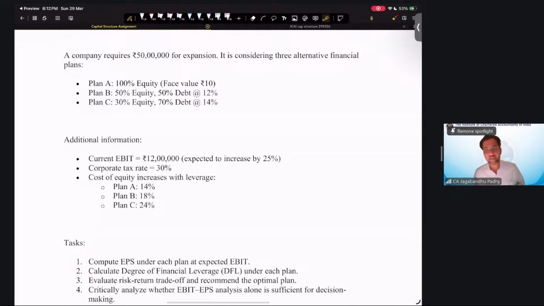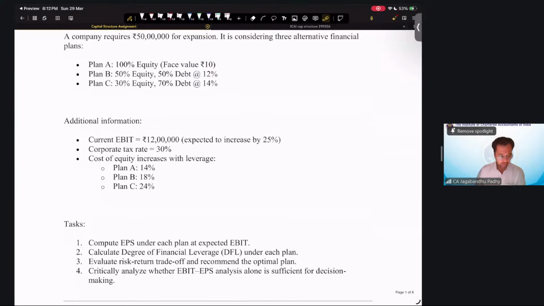You have to compute the EPS under each of the plans, right? Okay, good enough. So we can start, guys. Try to solve it. Get the first two answers. Then we'll go with the next part.